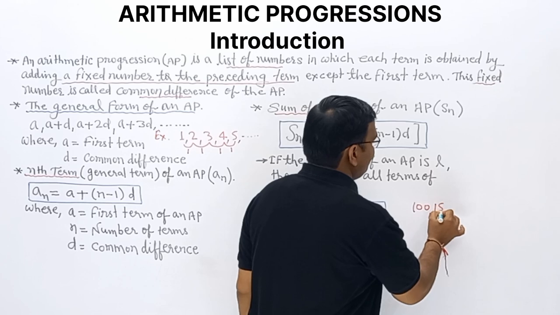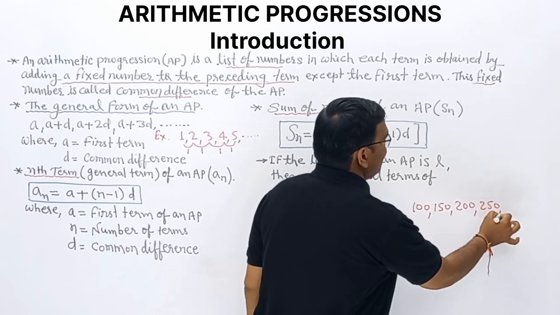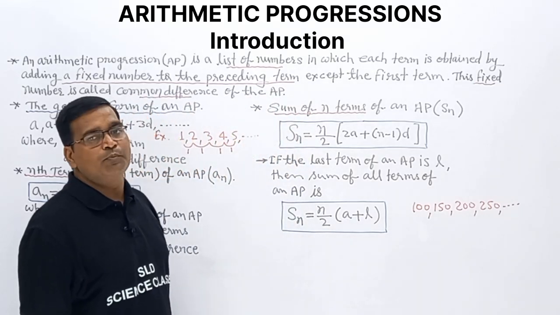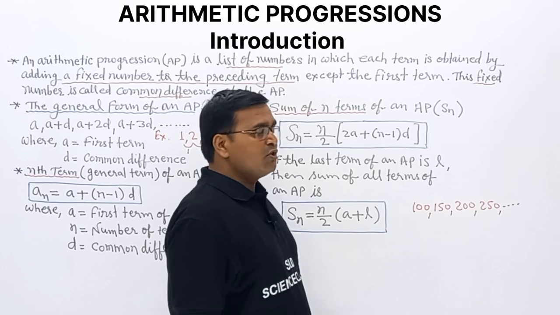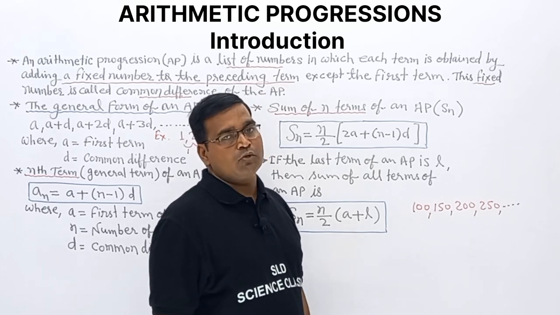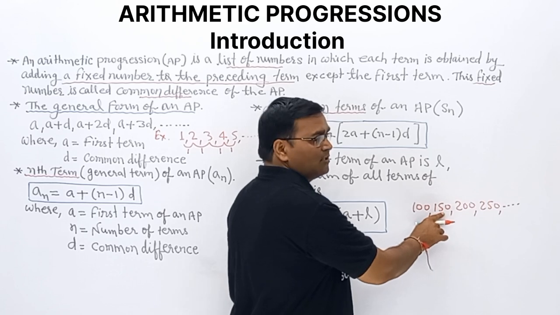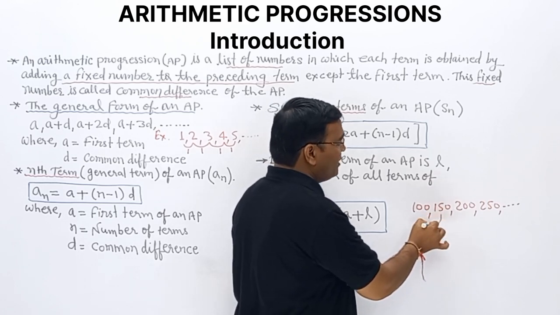Another example I am taking: 100, 150, 200, 250 and so on. Observe carefully. This is a list of numbers, or one sequence. Is this an AP or not? How will we identify it? First we find the common difference.